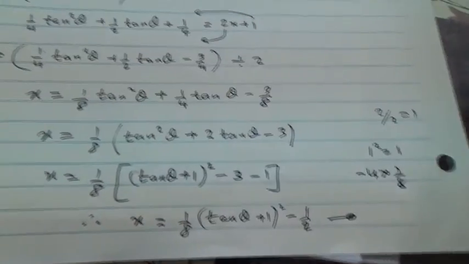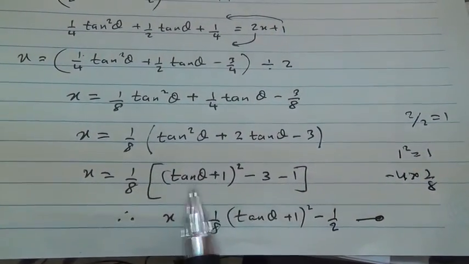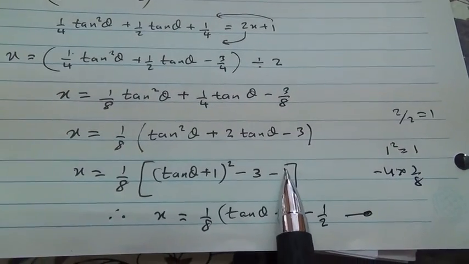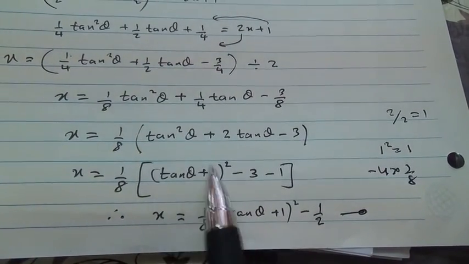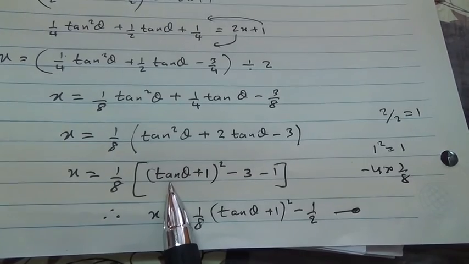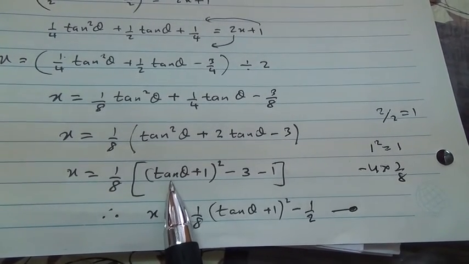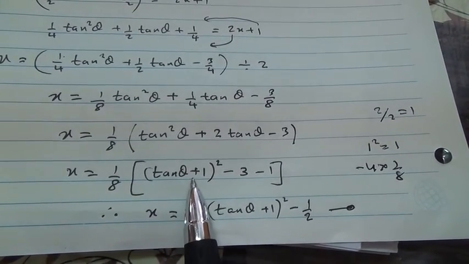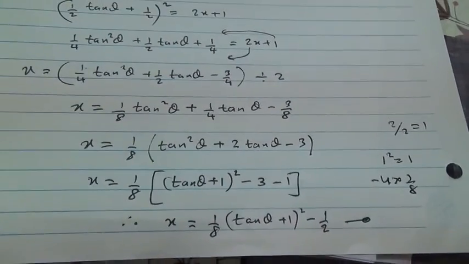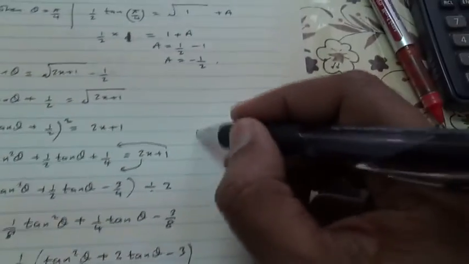I hope you are comfortable with that here. You see, the reason I have minus 1 here is because when you expand this, it's going to become tan squared theta plus 2 tan theta plus 1. Let me just separate it here.